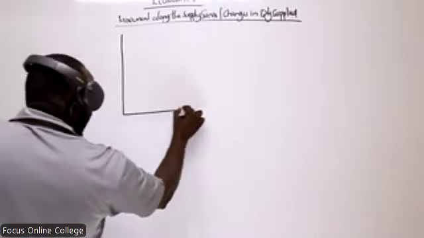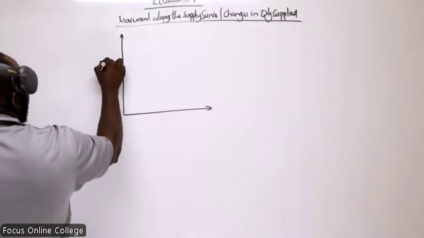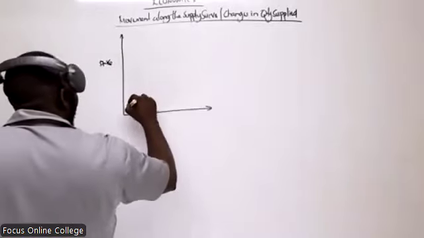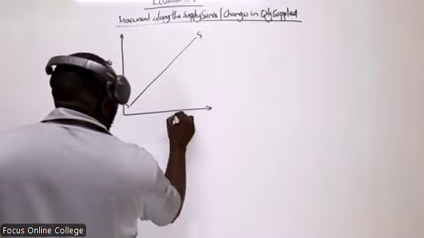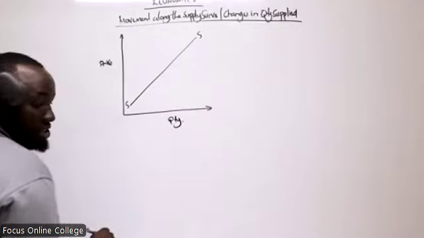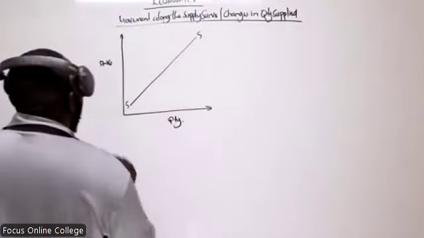On this diagram, on the y-axis, we have the price. This is the supply curve. On the x-axis is quantity.